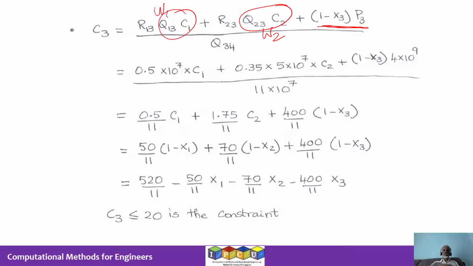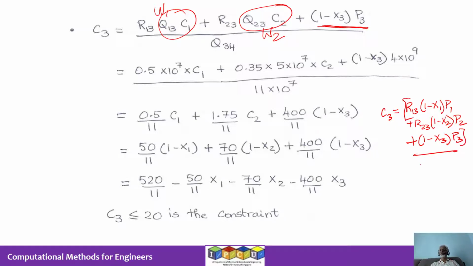We can write C3 as R13 times W1, where W1 is (1 minus x1) times P1, plus R23 times W2, which is (1 minus x2) multiplied by P2, plus (1 minus x3) times P3. So the three terms in the numerator, this whole thing divided by Q34, is equal to C3.